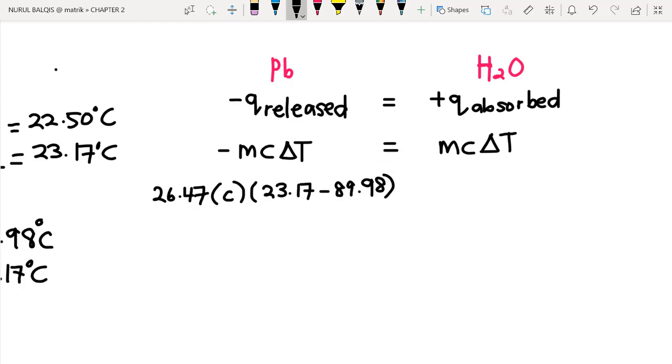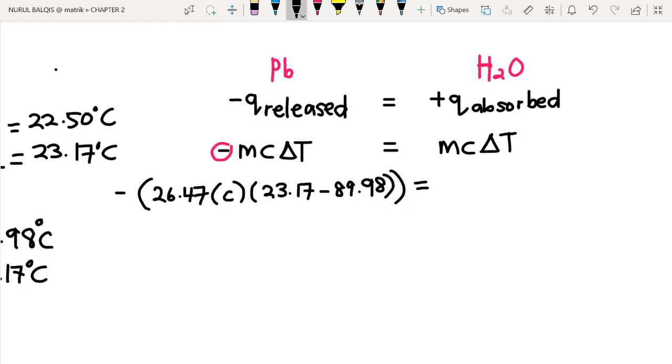So don't forget the negative sign here. We need to put it at the very front of this expression. If you forget to place this negative sign, you might get a negative value of c. Specific heat capacity will only have a positive value.